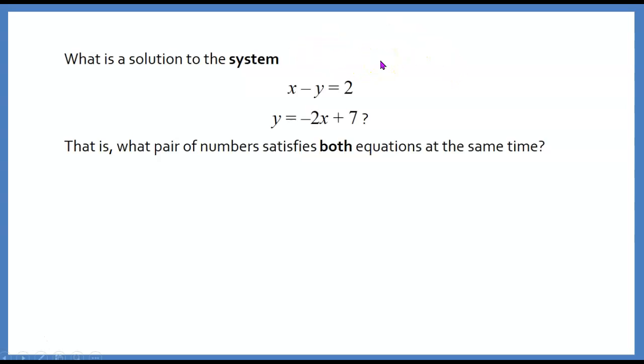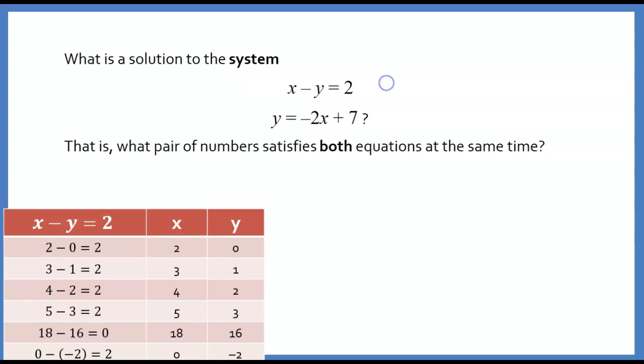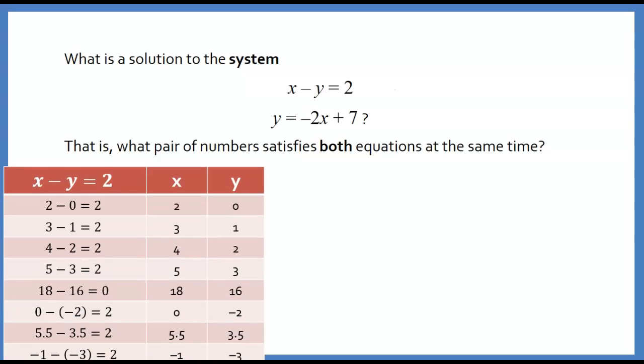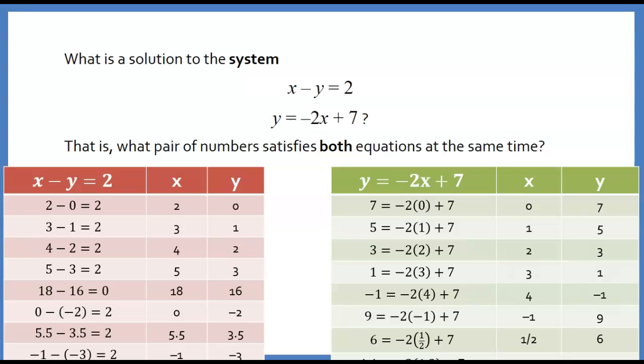What can x and y be so that x minus y is equal to 2 and at the same time y is equal to negative 2 times x plus 7? Well, remember the solutions we found to the first equation and the solutions we found to the second equation? Can you find any that appear on both lists? Any pair of numbers, x and y, that works in both of those equations?